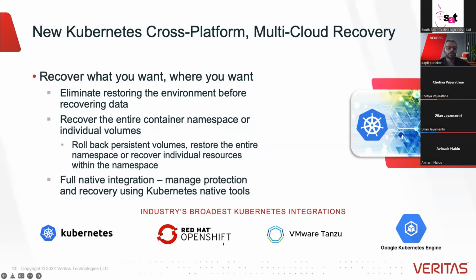With Red Hat OpenShift or VMware Tanzu or the Google Kubernetes Engine. Now, we at Veritas and with NetBackup want to give the best and end-to-end protection for all of your Kubernetes deployments that you might have in your organization. And we are working towards that. And as part of NetBackup 10, we have already given that out as well.